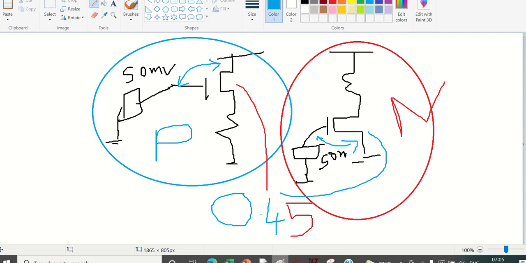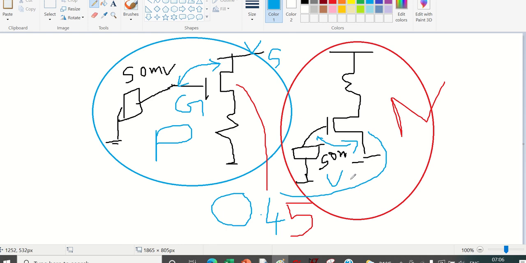Think and tell me: what is the VGS in this case? This is VG, this is VS. What is VGS in this case?